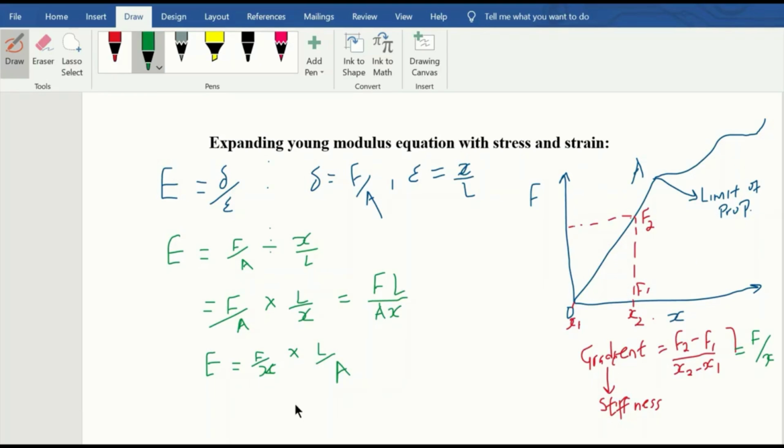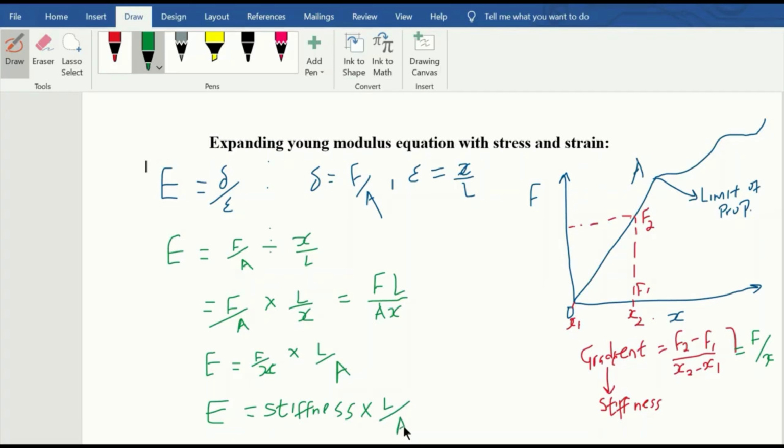Therefore, Young modulus is equal to stiffness times the length of the material over the area.